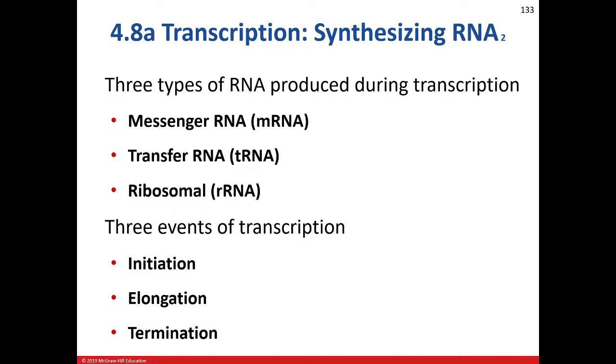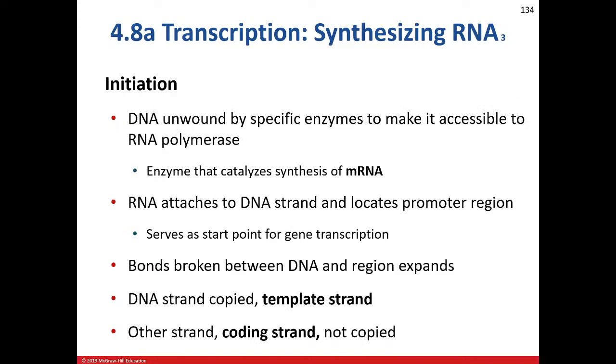Elongation occurs as we continue down the DNA molecule, copying the information. And then termination occurs when we reach the stop site, we reach the stop message, and then we stop copying the DNA. All right, so the initiation, yes, requires that the DNA be unwound by specific enzymes to make it accessible to the RNA polymerase.